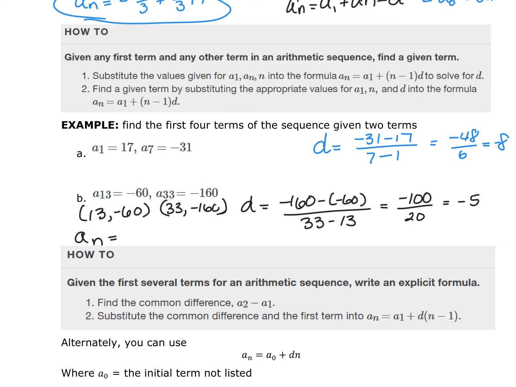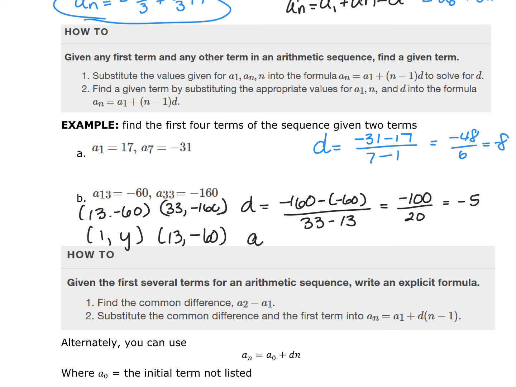Well, the way we're going to do this is like we did before, except this time I'm going to have an input of 1. I'm trying to find my y value, and I have 13 and negative 60. Now, I could have used the 33 and the negative 160. It would have been totally fine.